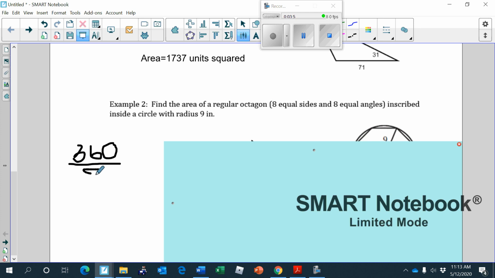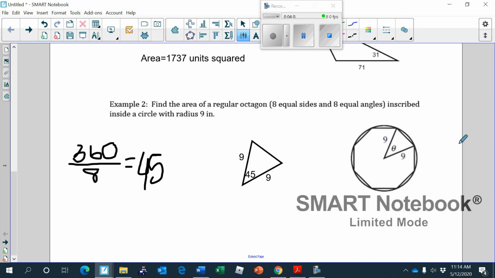And I get that little angle there has to be 45 degrees. Perfect. Now we have the triangle that was inside the octagon. Here's my triangle. My two sides are 9 because it said the radius was 9, and my angle is 45 degrees. That's because we did 360 divided by 8.